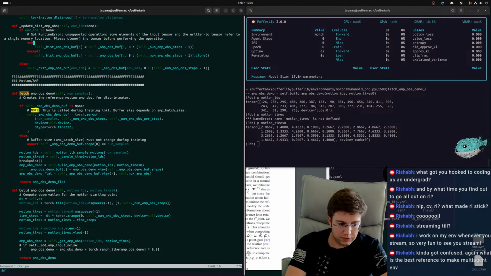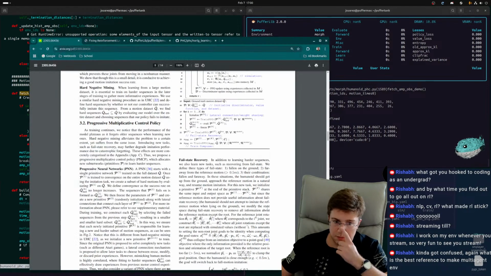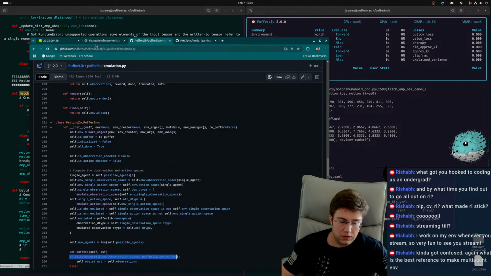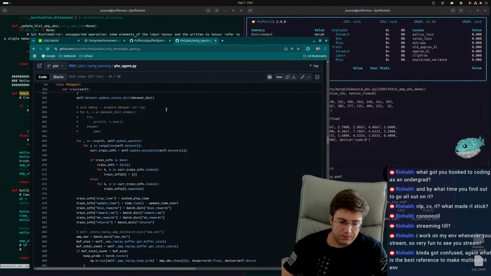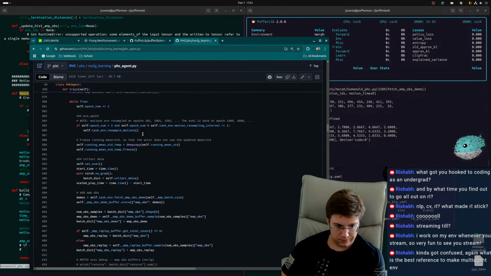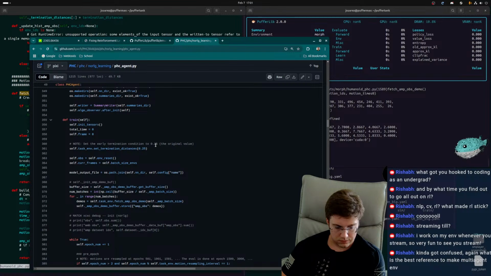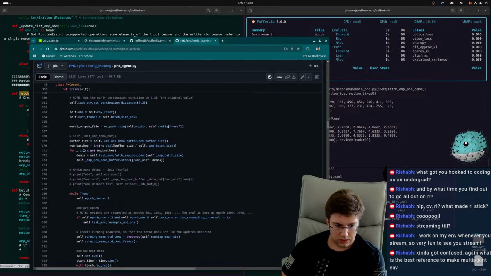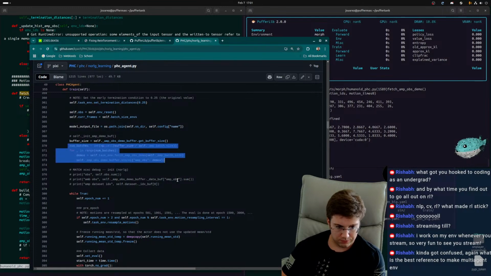Maybe if I think of it this way now. Hold on, I think it makes sense. I think it might make sense. Okay, so if these are the goal states, so we sample a bunch of goal states, right?